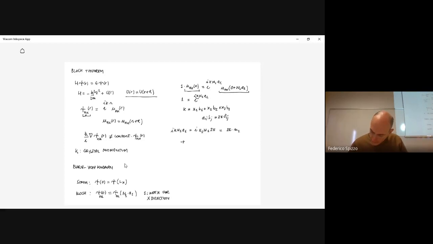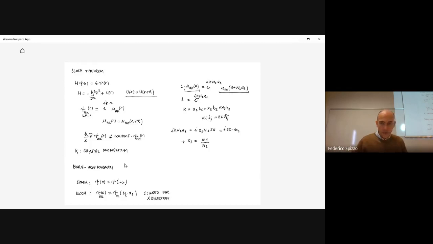So what we have is that x1, sorry, I forget the imaginary unit. X1, sorry, is equal to n1 divided by capital N1. So X is the ratio between an arbitrary index and the number of ions that we have in the X direction.